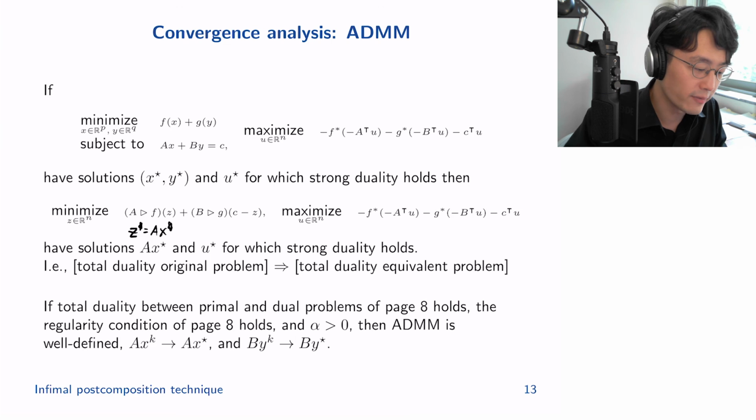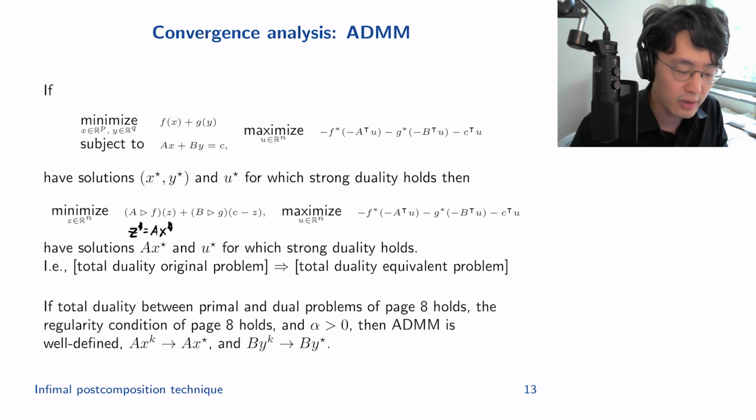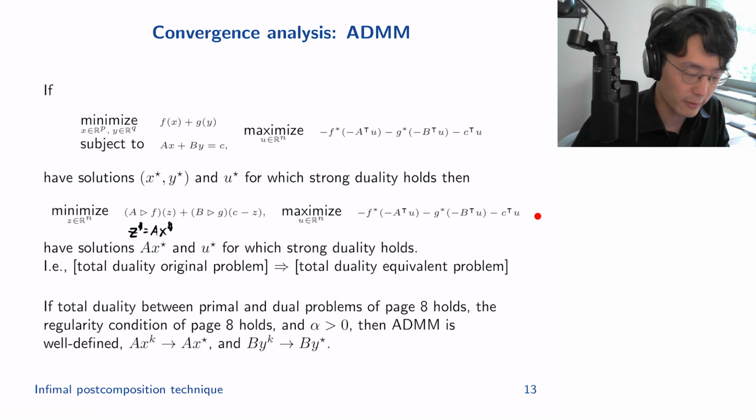And because the optimal value given by this solution is equivalent to the optimal value given by this solution for the original primal problem, to put it differently, the p star of this primal problem is the same as the p star of this primal problem. And the dual optimal value for this problem is the same as this problem because they are exactly the same problems. Therefore, strong duality also holds for this equivalent primal dual problem pair as well.